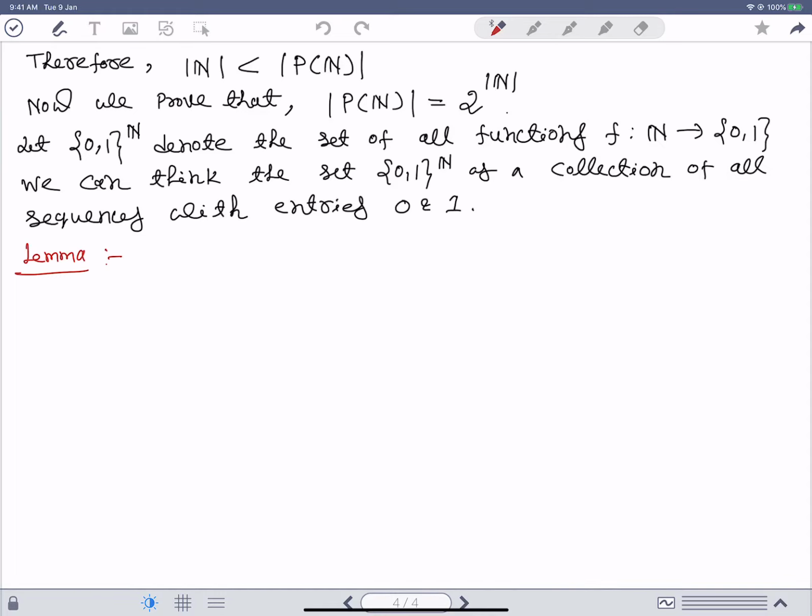So we prove that the cardinality of the power set of n is the same as 2 to the power of this. Okay.